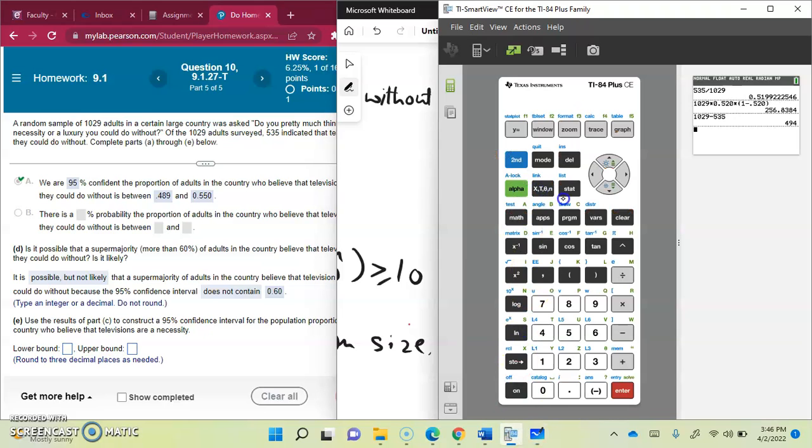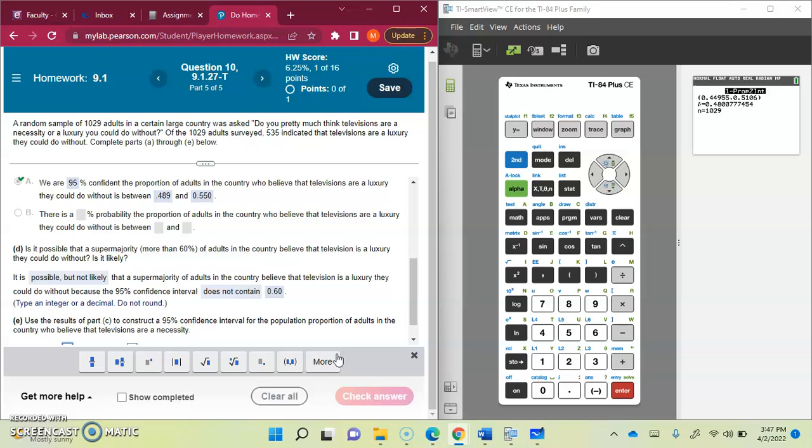So let's see. You go to STAT, TESTS, and 1-PropZInt, enter. X value now is 494 because those are the people who think it's a necessity. Sample size is the same, confidence level is still 95%. So you calculate the interval. Now the interval is different, right?